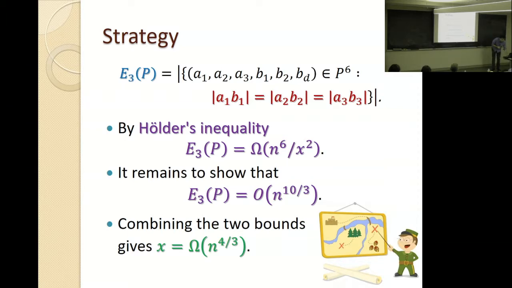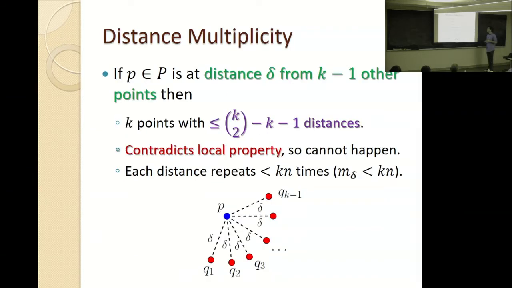Okay, how do we get an upper bound for the third energy? We start by noticing this. Let's say we have a point, and it spans the same distance a lot of times, maybe k minus 1 times. This cannot happen, right? We have k points and a lot of repeating distances, way more than we're allowing. We're allowing, what was it, 3k over 4 repetitions. Here there are about k repetitions.